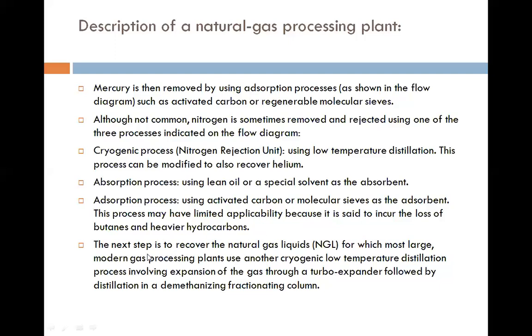So the next step is to recover the natural gas liquids. We have removed mercury, helium, nitrogen, water, and sulfide. So the last step remaining is to remove the natural gas liquids, which are ethane, propane, butane, etc.